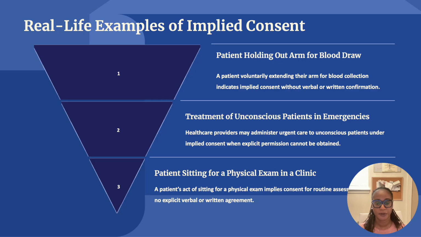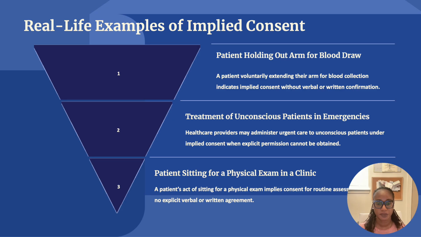Real life examples of implied consent: patient holding out arm for blood draw, as I mentioned. A patient voluntarily extending their arm for blood collection indicates implied consent without verbal or written confirmation.